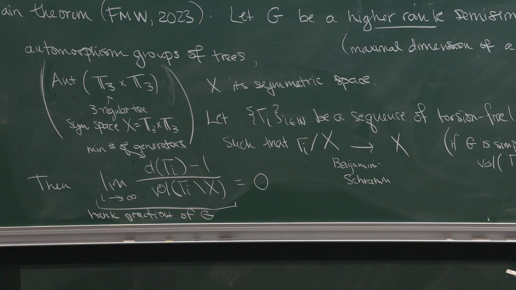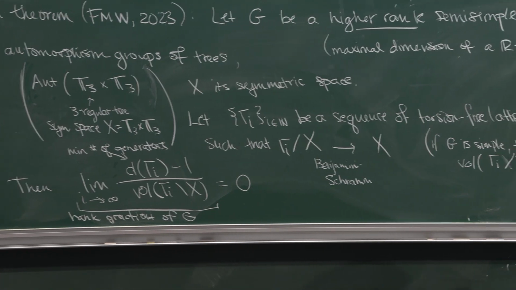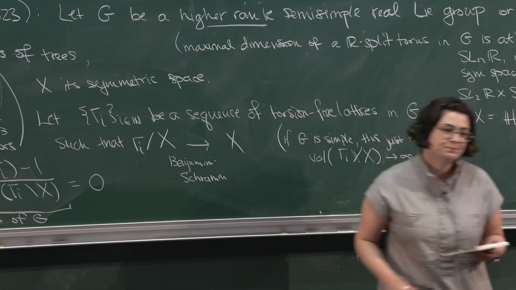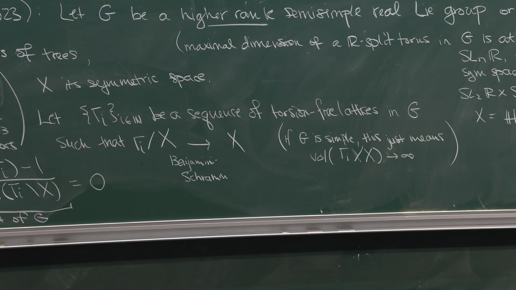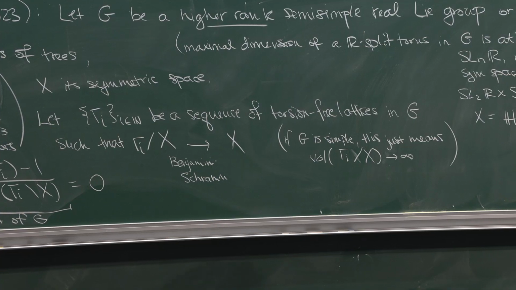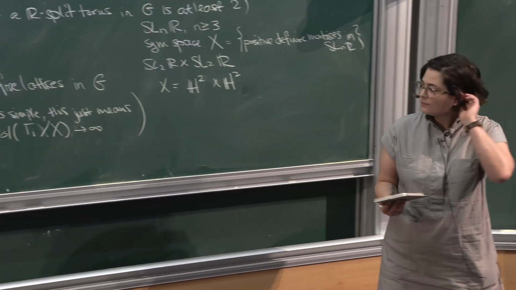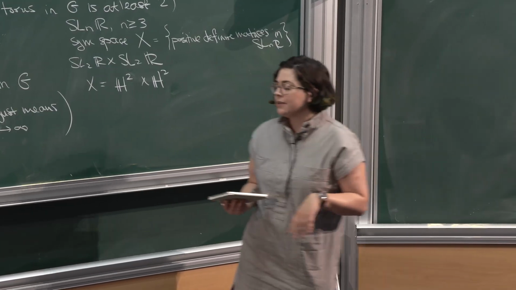But this sequence of lattices does not need to be contained in a common lattice. And you don't assume they're irreducible? No, they do not need to be irreducible. So you can also take products of different regularity trees? Yes, you can.